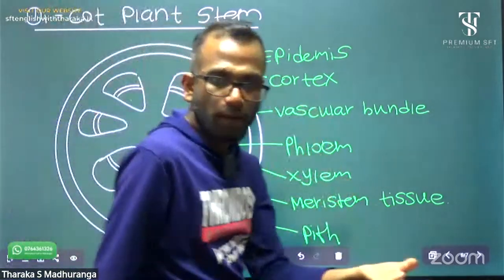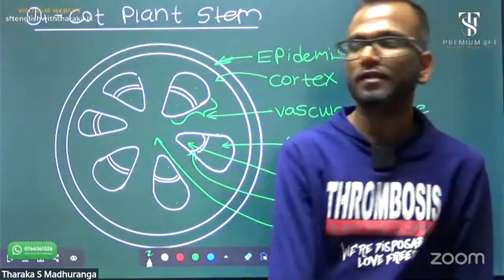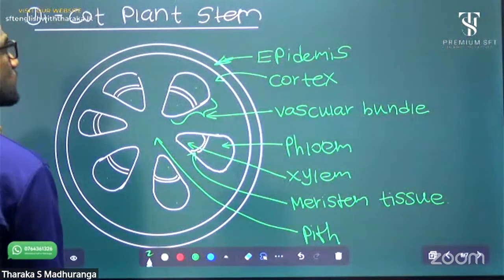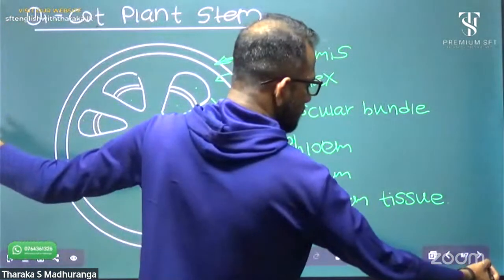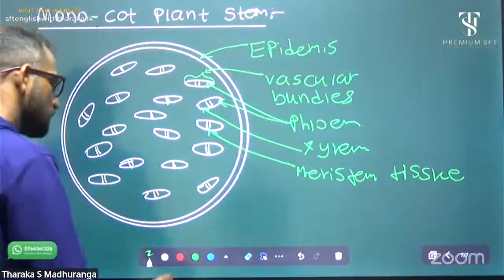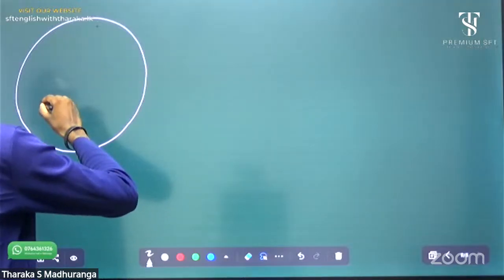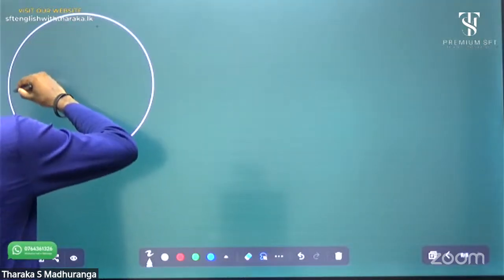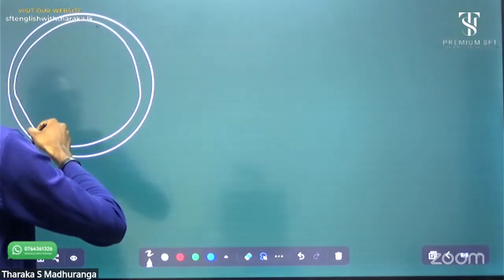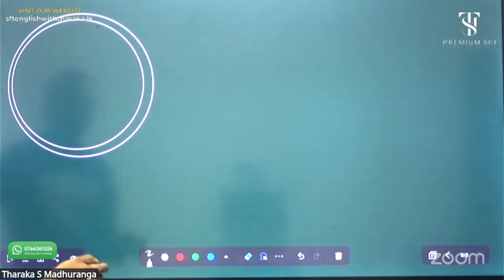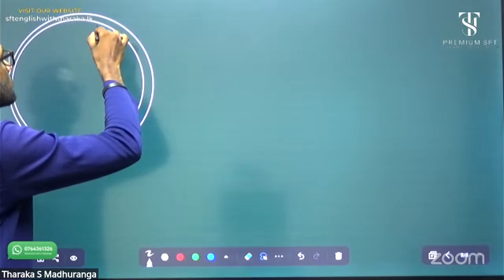It contains vascular bundles in a circular way, arranged as a circle, right? Now when it is matured, what happens? This is the epidermis, and these are the vascular bundles now.